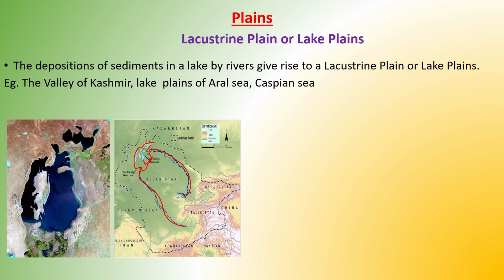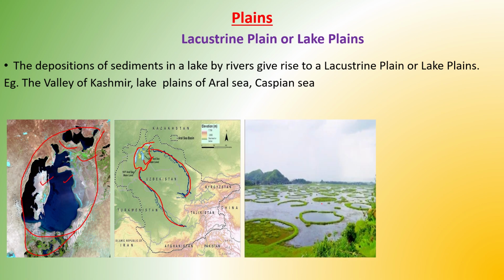Now, year after year, over thousands of years, it has deposited the silt over there, and now the lake surface has become very less. Here also we can see the Aral Sea lake surface. Earlier it was huge, but now it is becoming less.